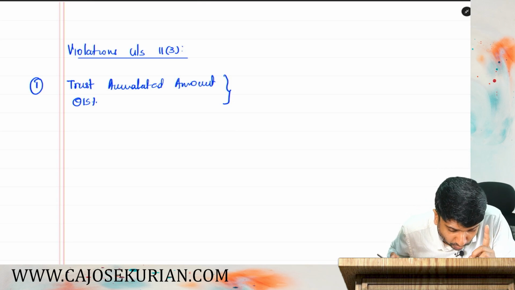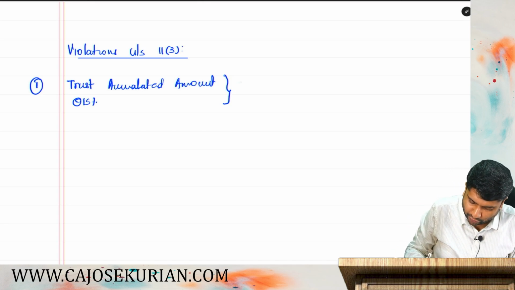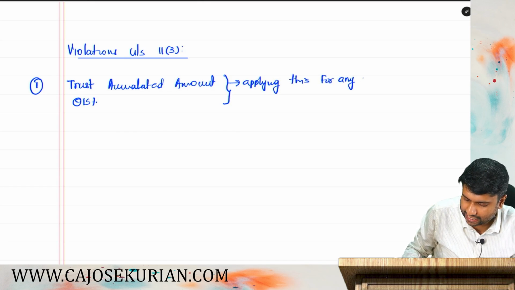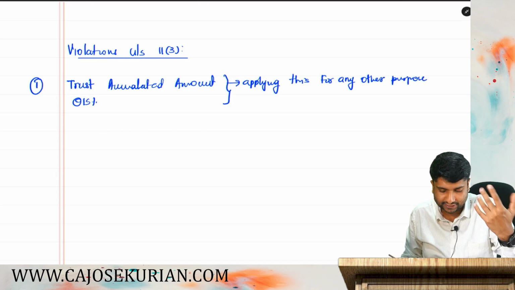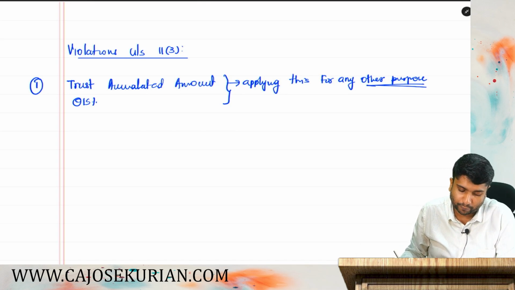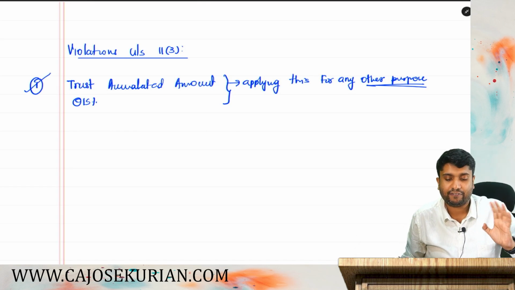You are not supposed to apply it for any other purposes. If you are applying this for any other purpose, other than your charitable or religious purpose, that's why other purposes, it will be considered as a violation. Violation number 1. We can say violation under 11 subsection 3.